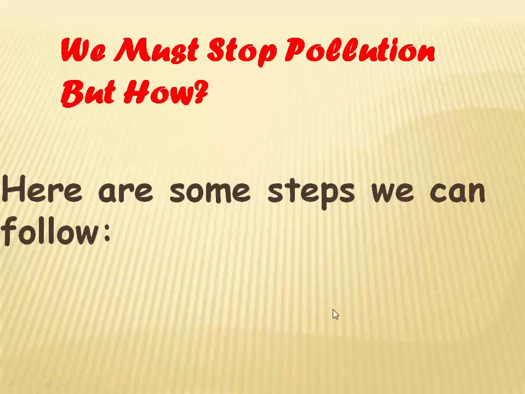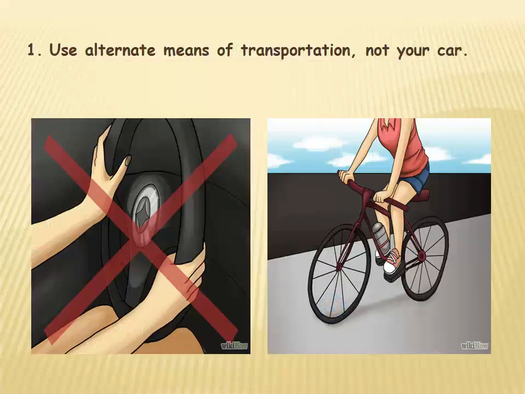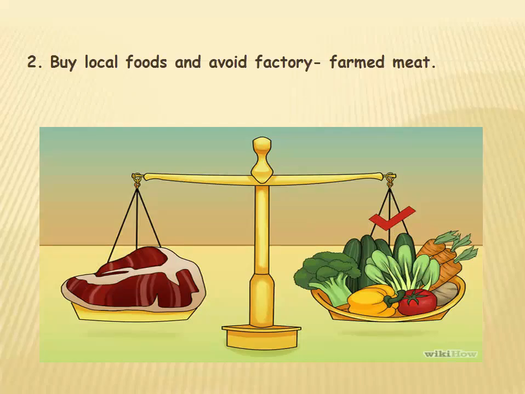Here are some steps we can follow to stop pollution overall. Use alternate means of transportation. Don't use cars or vehicles which run on fossil fuels, but start searching for ways which are eco-friendly. Buy local foods and avoid factory farm meat.